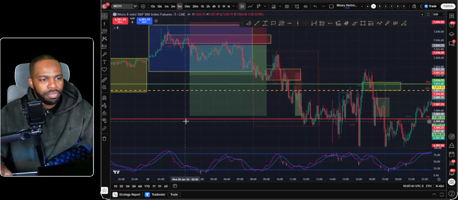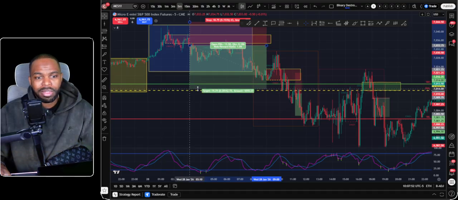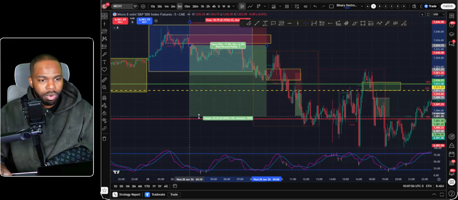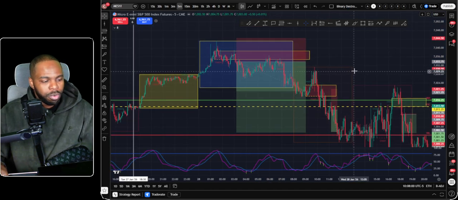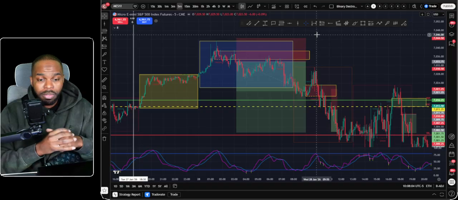You could have taken your profits right here at the value area high, or right at the point of control, or here at the value area low. Real simple. But this is how I use these key levels, and it's very, very powerful.